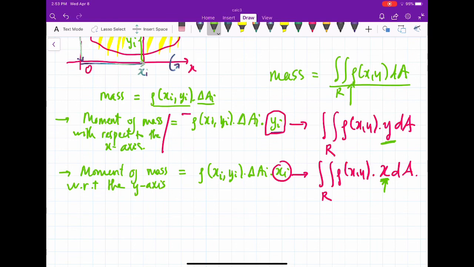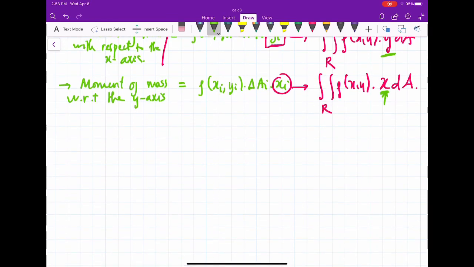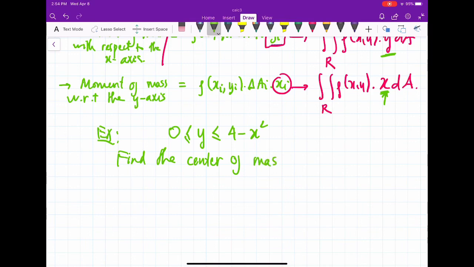Okay, so let's consider the following example. We have some lamina y less than or equal to 4 minus x squared and greater than or equal to 0, and they ask us to find the center of mass.